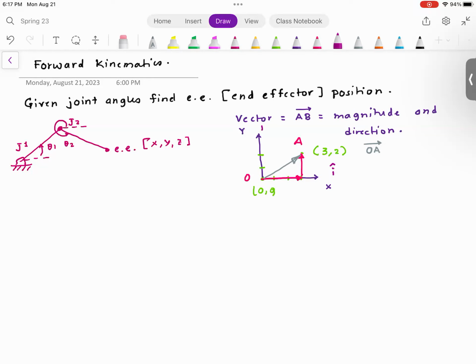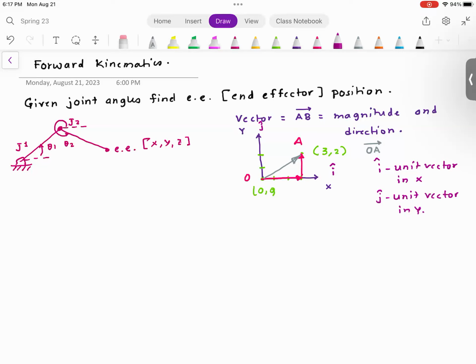And I'm going to indicate travel in y direction as j. i is the unit vector in x direction. j is the unit vector in y direction.